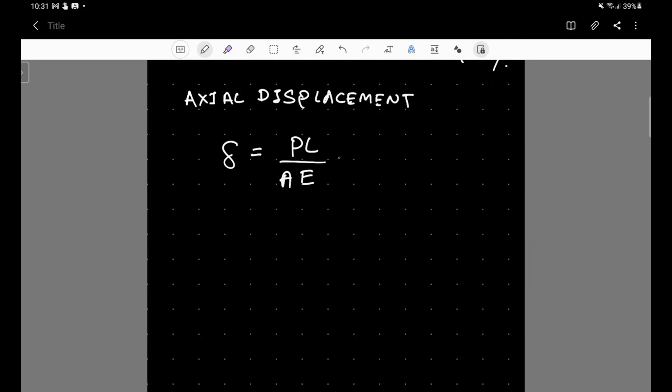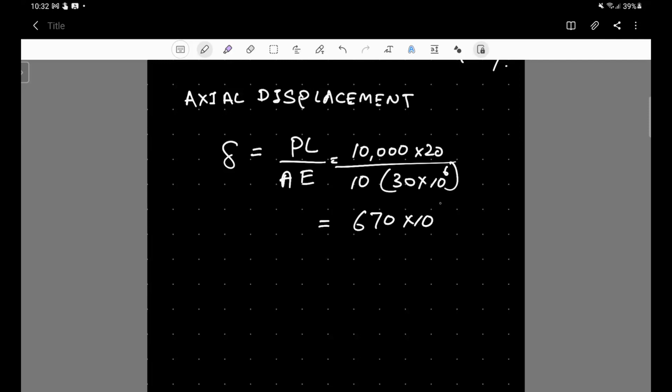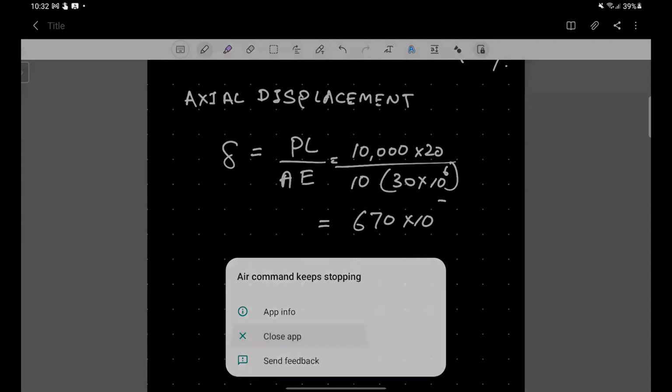So the total force applied is 10,000 pounds. The length is 20 inches. The area where the force is applied is 10 by 1, of course 10 inches by 1 inch, and the modulus of elasticity is 30 times 10 to the power 6, which will give us a displacement of around 670 times 10 to the power minus 6 inches.